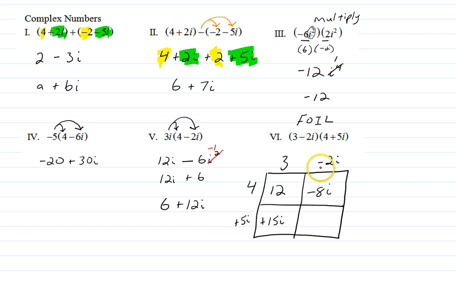And 5 times negative 2 gives us negative 10 I times I squared. But remember, since we have that I squared, this becomes negative 1. So this negative and this negative is going to turn into a positive 10. Now we combine our like terms. So 12 plus 10 is 22, and 15 minus 8 gives us a positive 7i.